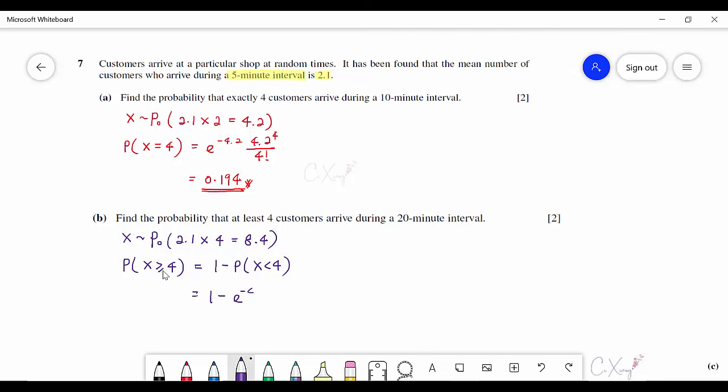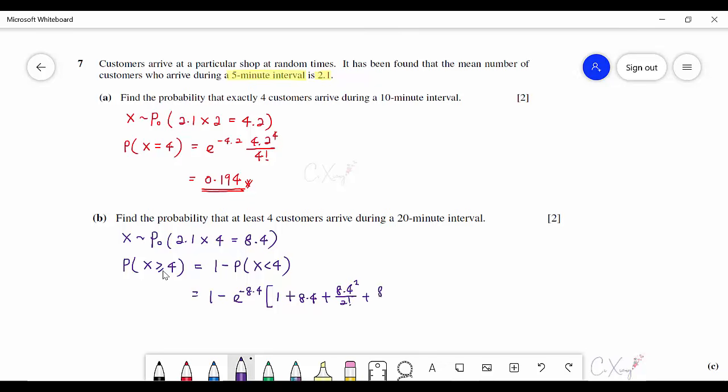So e to the negative lambda, where lambda is 8.4 now. So 1 minus e to the negative lambda times the following terms. When x equals 0, it is always 1. When x equals 1, it is lambda. When x equals 2, it is lambda squared divided by 2 factorial.